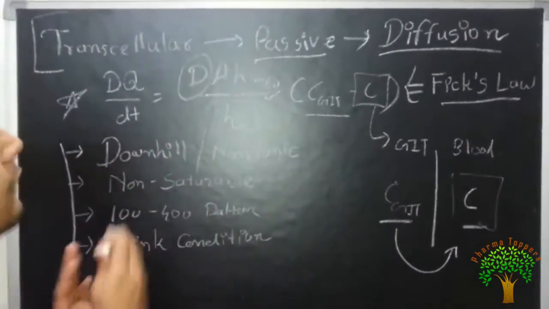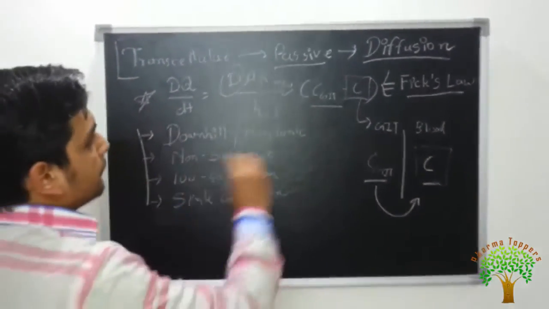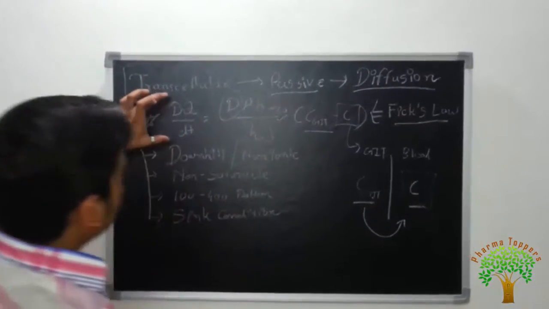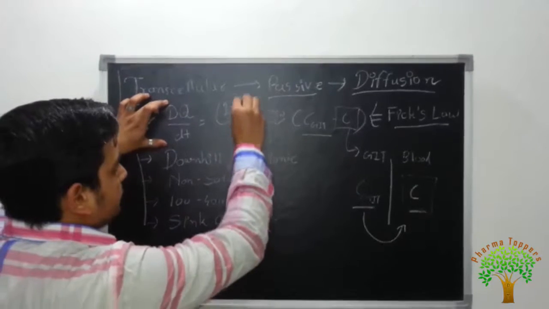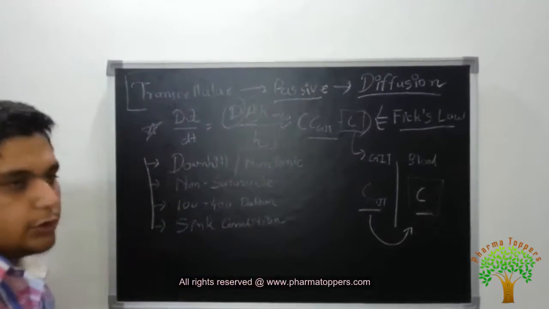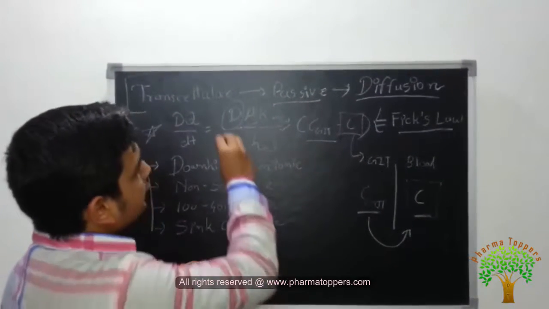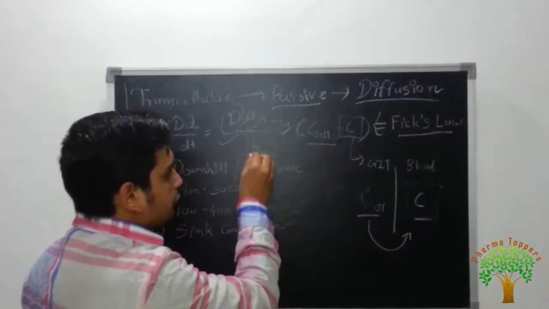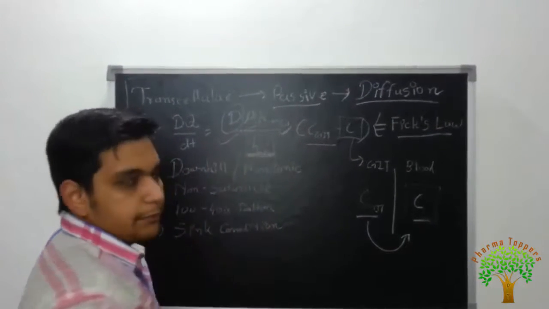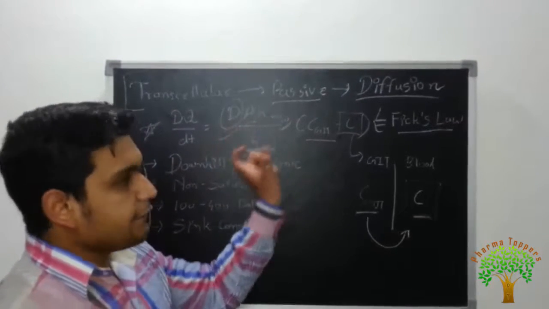In this process, generally the rate is mainly dependent on the area available, and as we all know this is constant, this one is also constant, this thickness will also be constant, but the area available is the major factor.